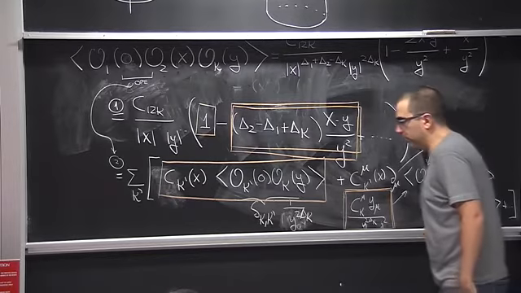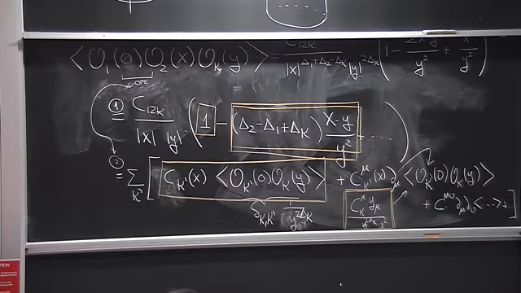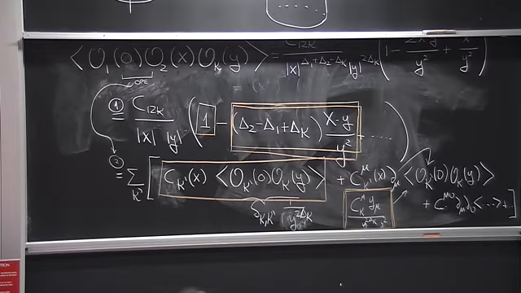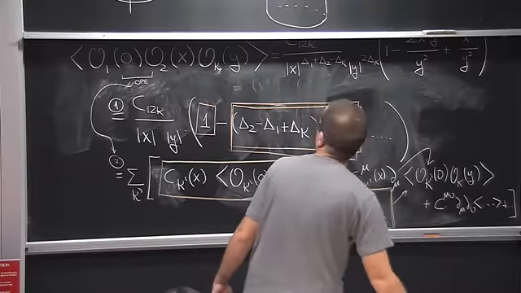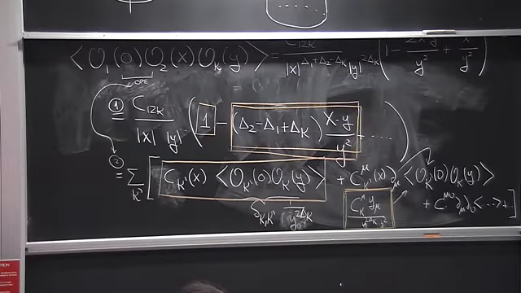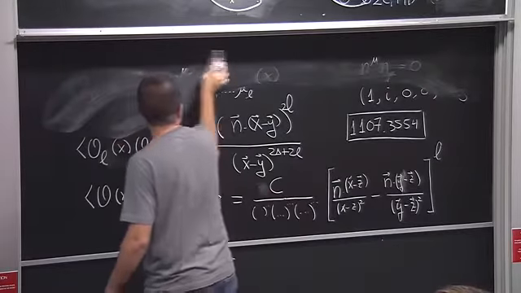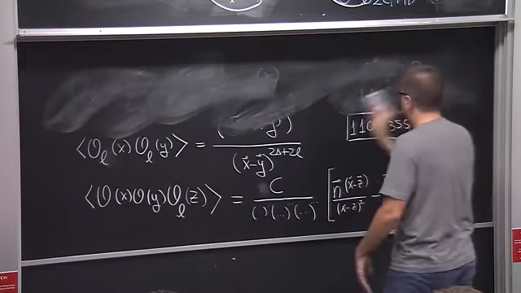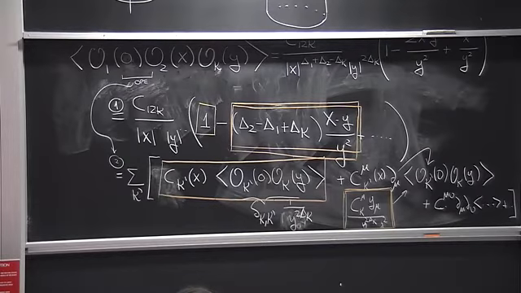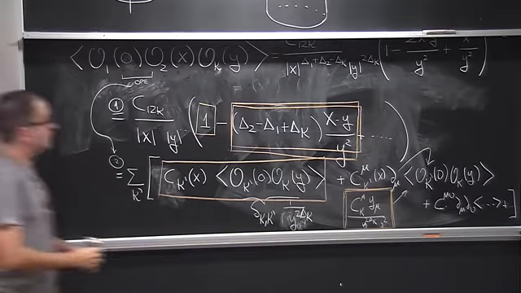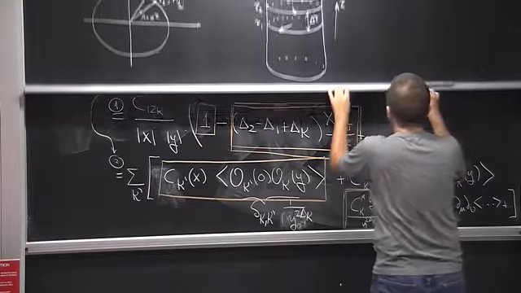So let me write what the result is, and it will be clear if you look at the expression that this is indeed what follows from there. What we are learning is that the first term in the OPE is nothing but the same constant that appears in the 3-point function. So here is what we are learning.